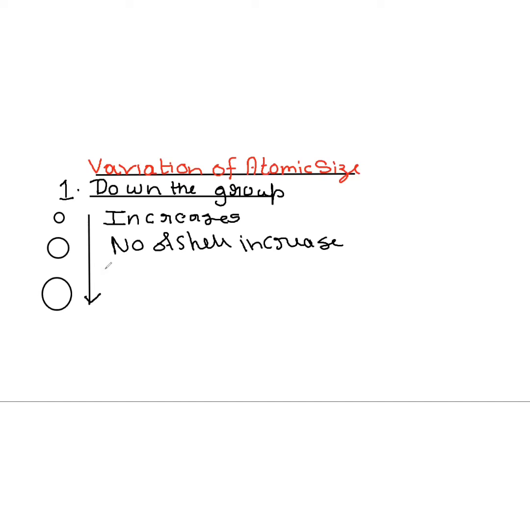When we move down the group from top to bottom, like lithium, sodium, potassium in the first group, the atomic size is going to increase, because the number of shells increases by 1.